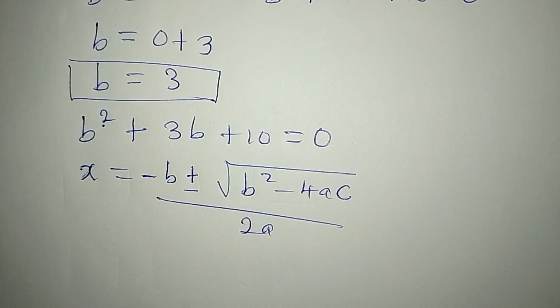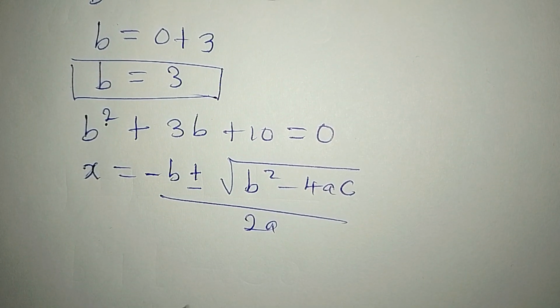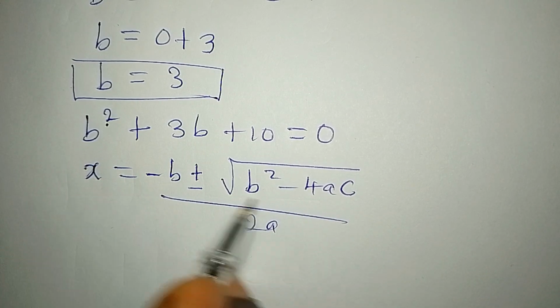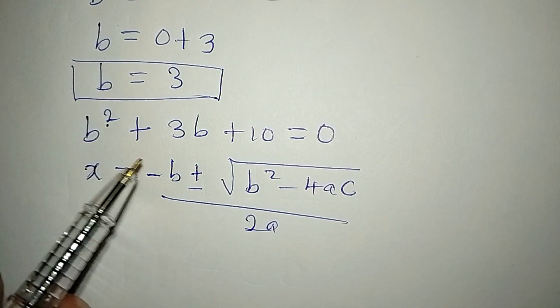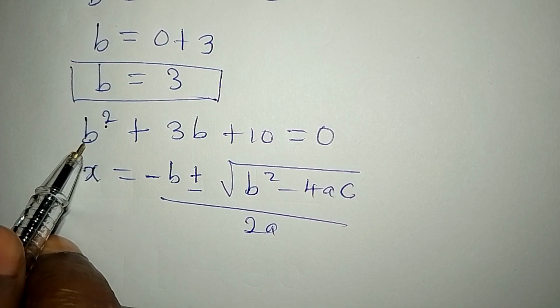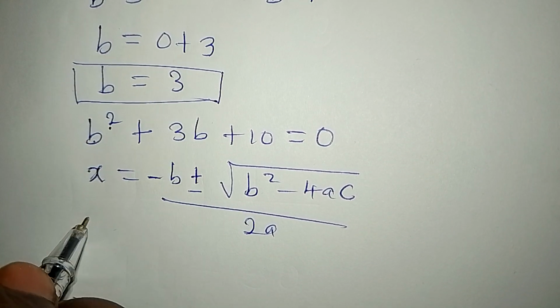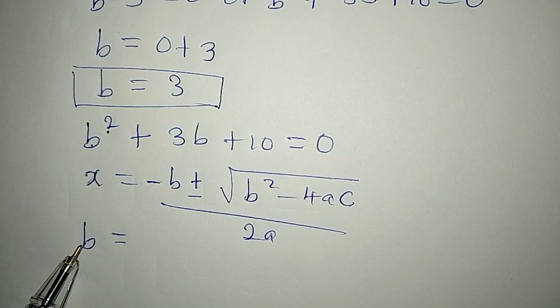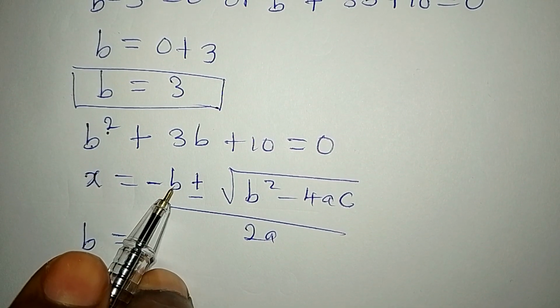I think this is the most popular that we use, but you can decide to change the values or the parameters you have in here. As a matter of fact, now that we are looking for b in place of x, we'll write b. And this is equal to, now because we have b here, we can change what we have in here.